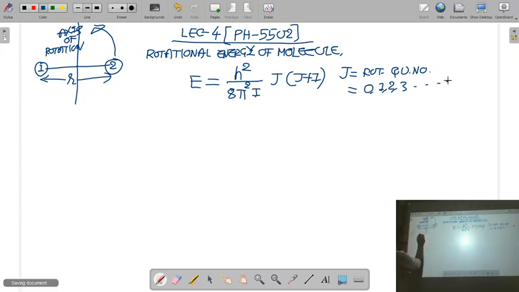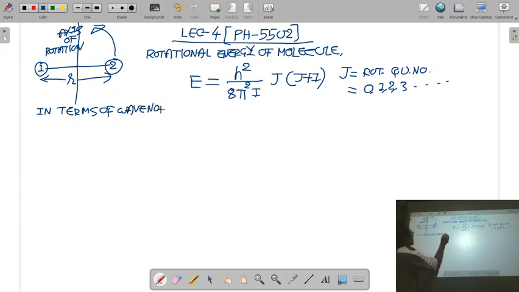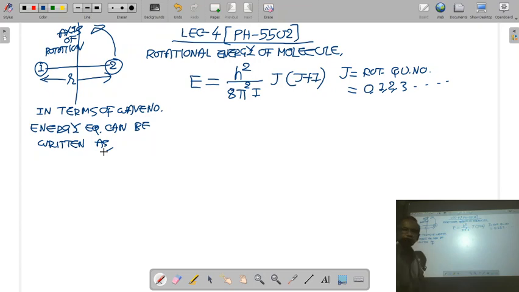Now in terms of wave number, the energy equation can be written as follows.